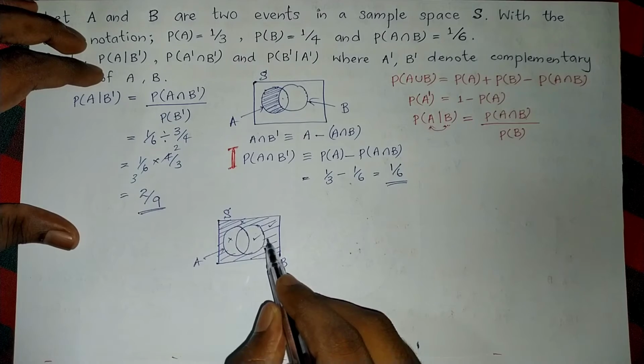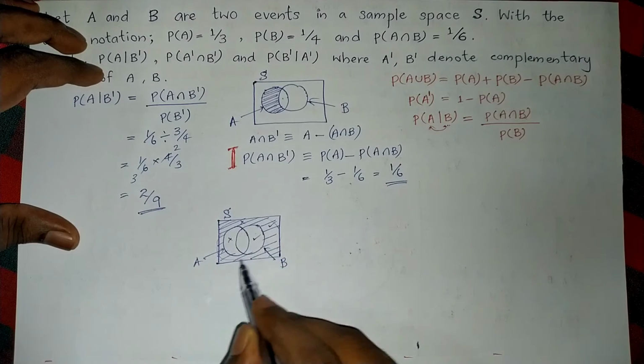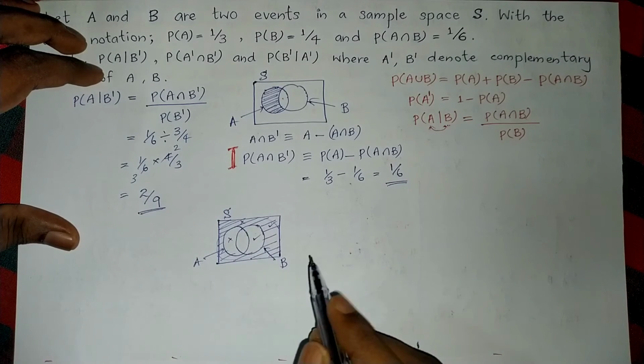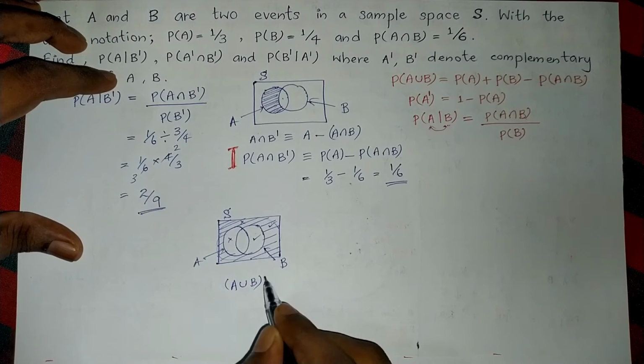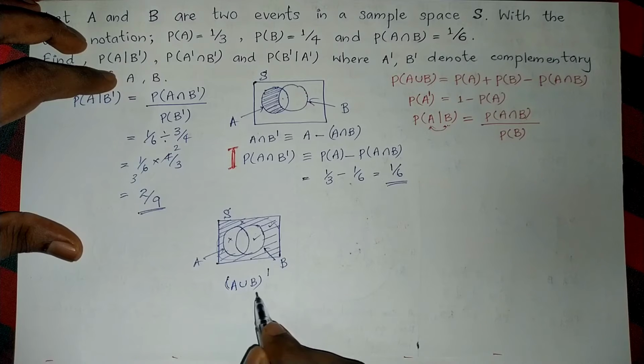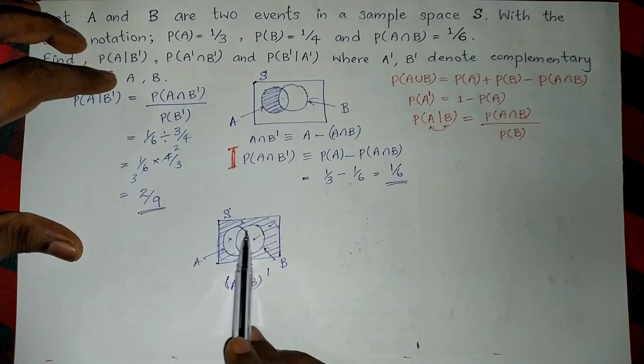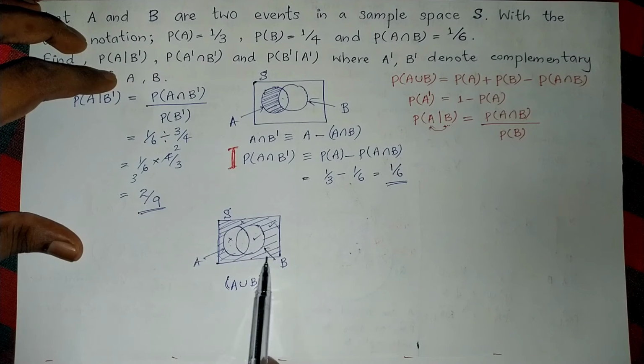So I can take the probability of this region by considering the complement of A union B, because you know A union B is this region enclosed by both events. Complement is outside that.